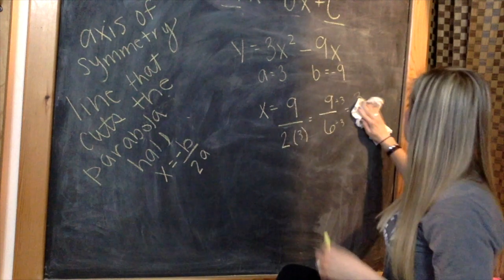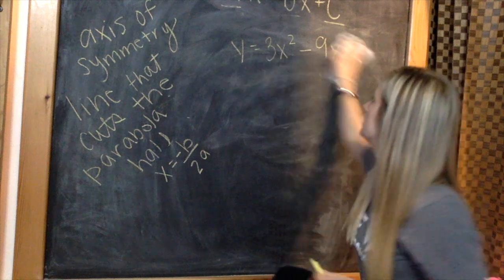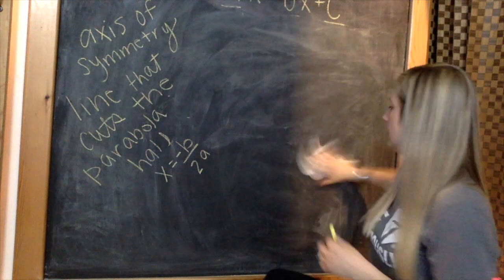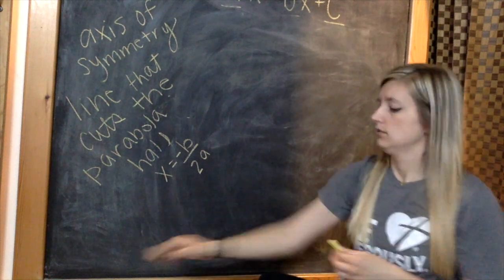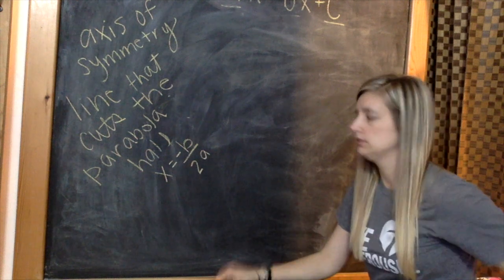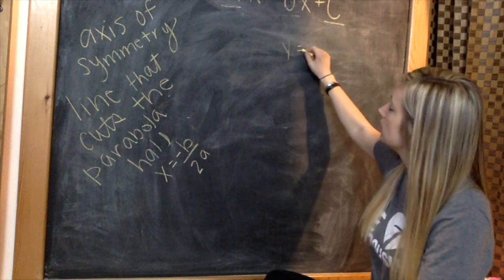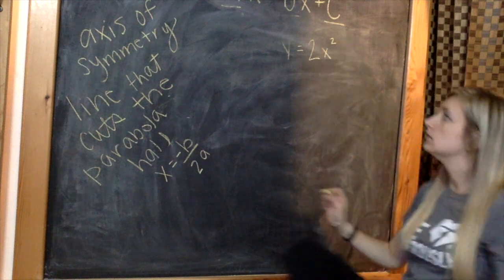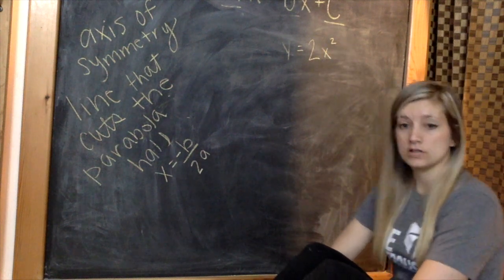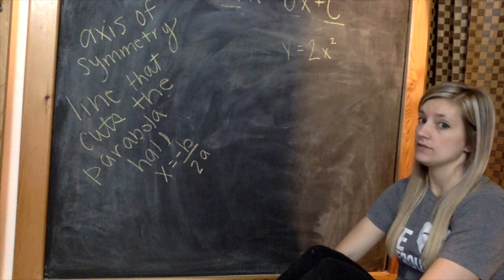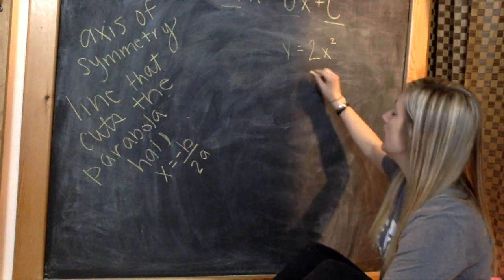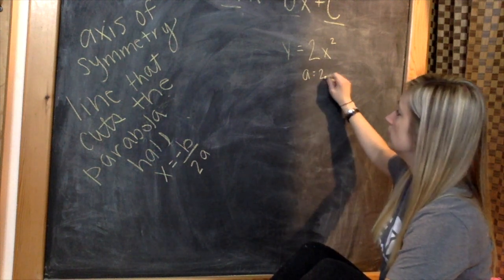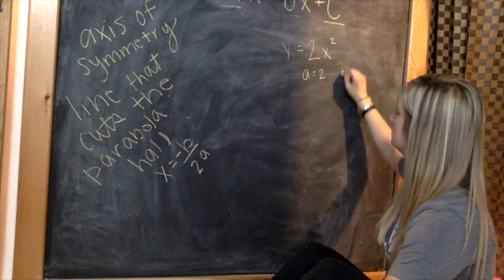So what if I want to throw this one at you. What if I have y equals 2x squared? So if I have y equals 2x squared, I do not have a b, I do not have a c. But I do know a is 2. I also know b is 0.